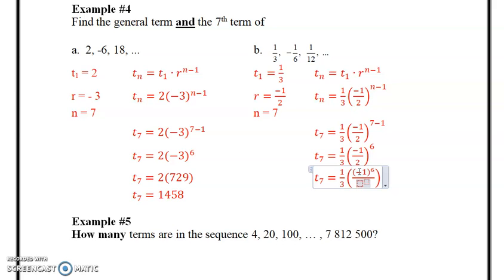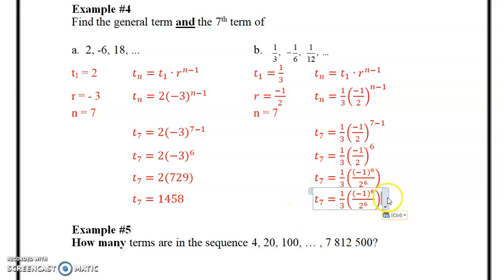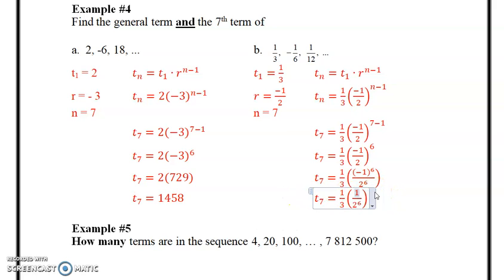If it's negative, we always put that in brackets. And 2 to the power 6. Remember, when we raise a fraction to a power, the numerator and denominator both get raised to the power 6. It's important we do that. That gives us 1 in the numerator and 64 in the denominator.